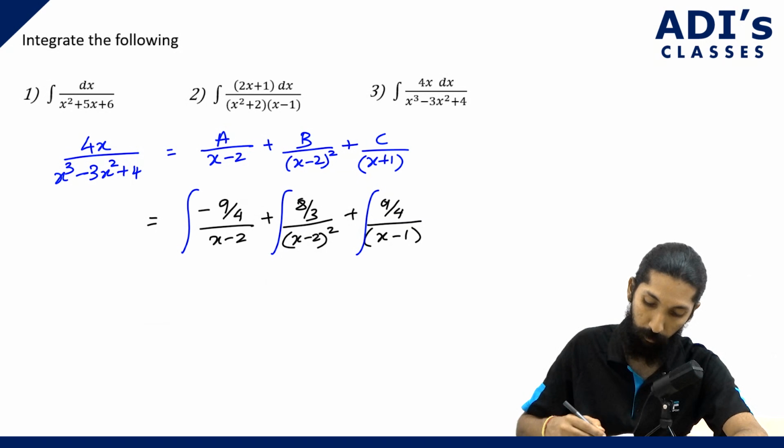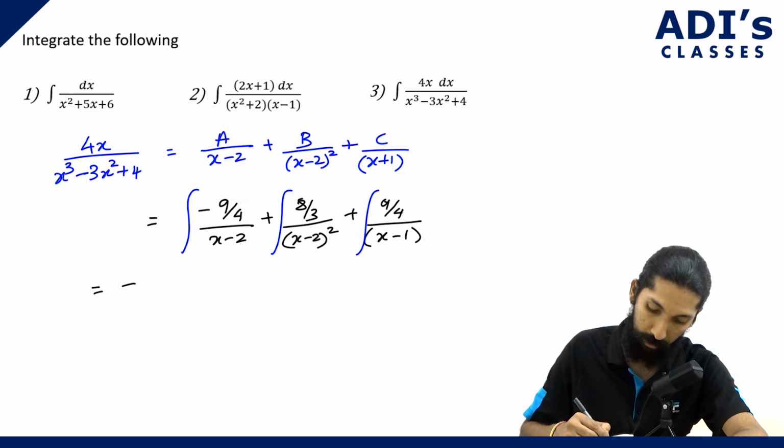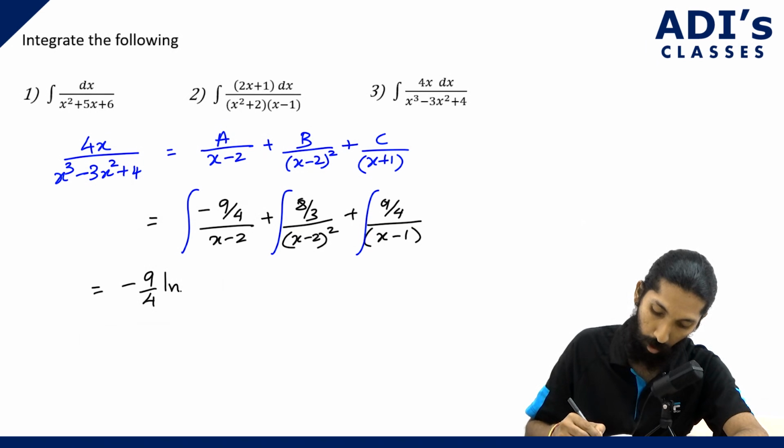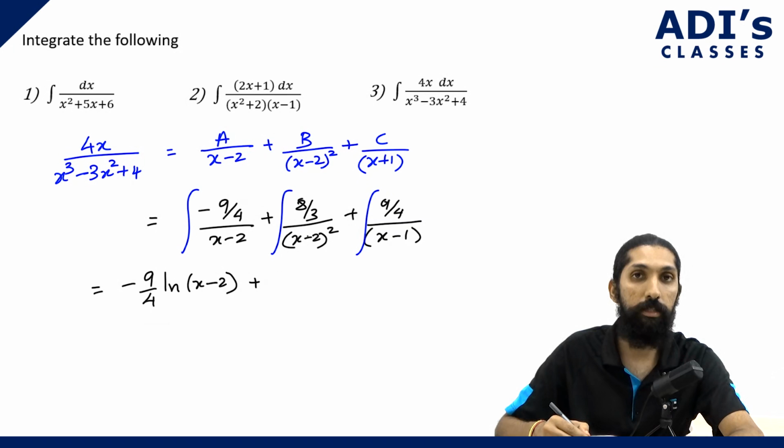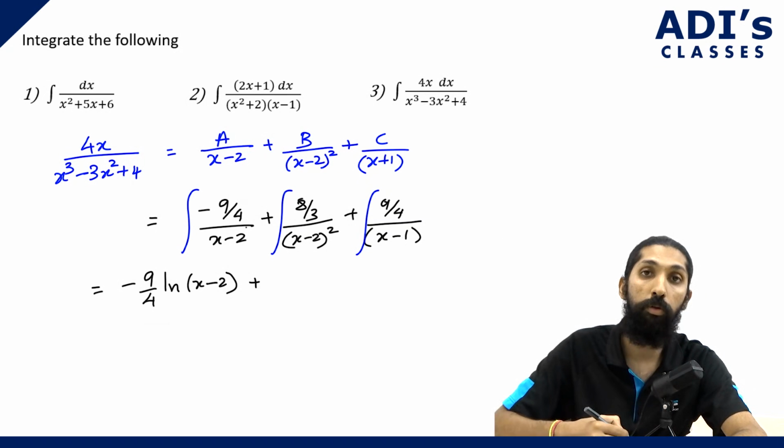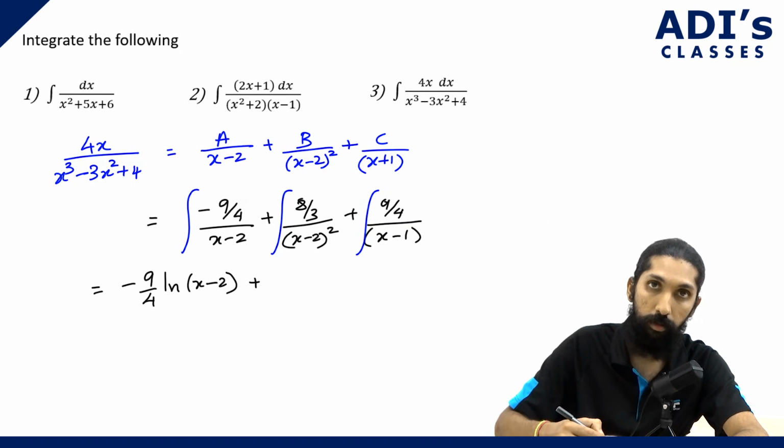So for the first one, what you're going to get, minus 9 by 4 into log of x minus 2. Plus, you can write this as x minus 2 whole power minus 2. Right?